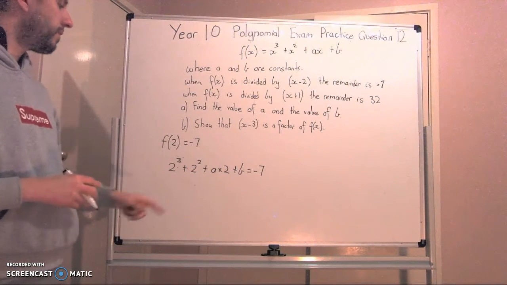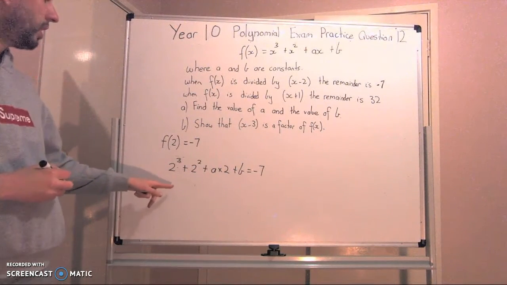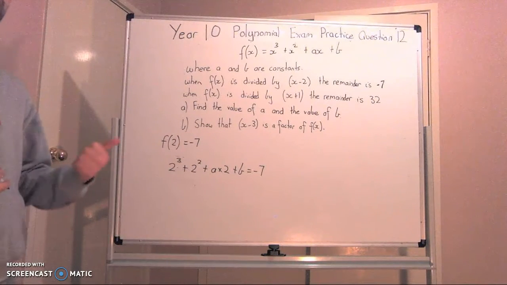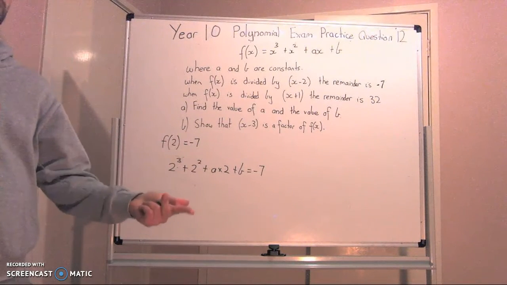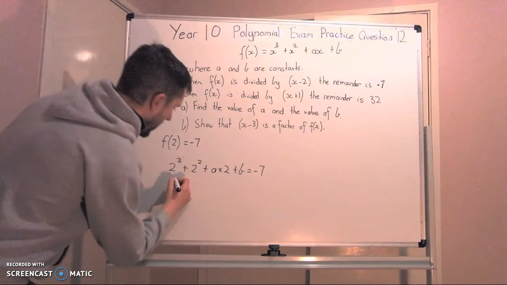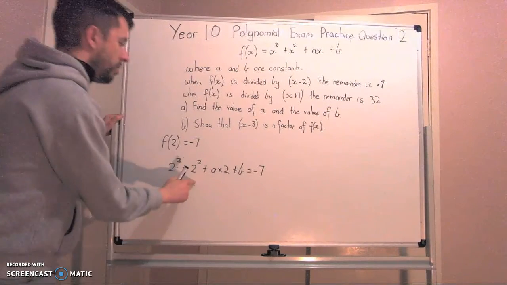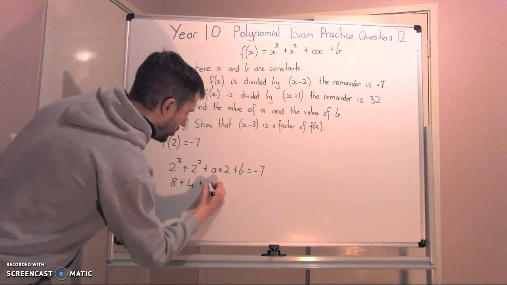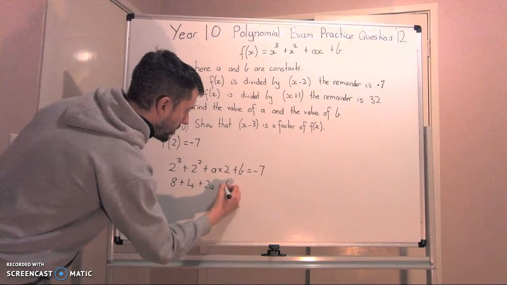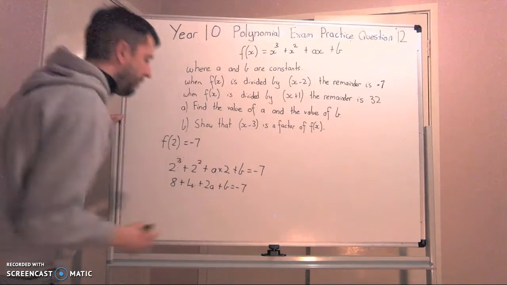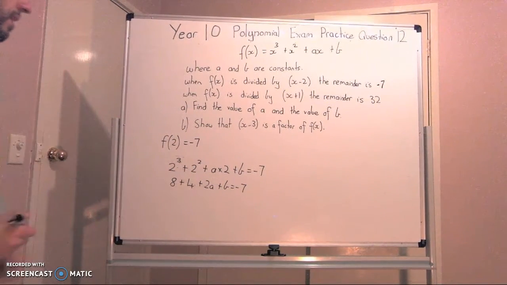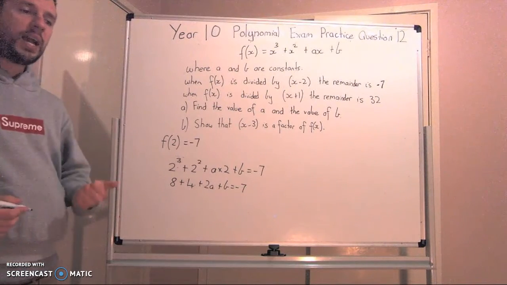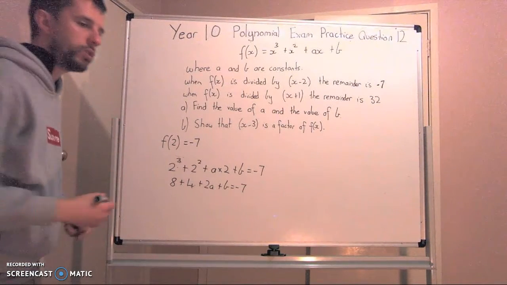So I can simplify this. I've got 2 to the power of 3 is 2 times 2 times 2, which is 8. 2 squared is 4 plus 2a plus b is equal to negative 7. I can simplify this part with 8 plus 4 equals 12.